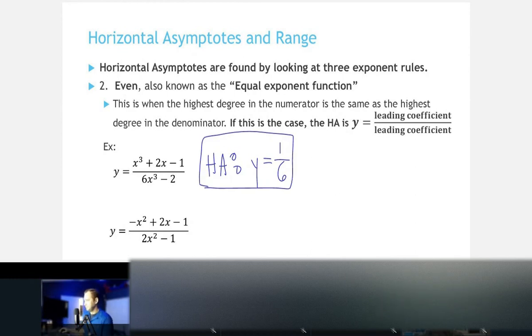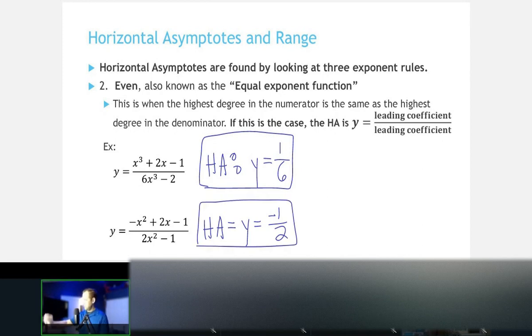All right, everyone, looking at the second example, what is the HA? Y equals what? Yeah, -1/2. Yep. So the HA for this one is going to be y equals -1 over 2. So that would be your HA for that one.